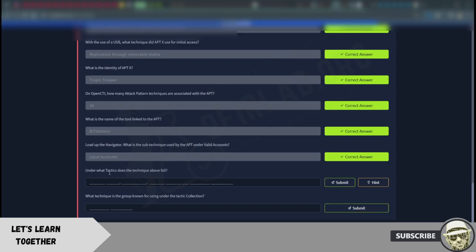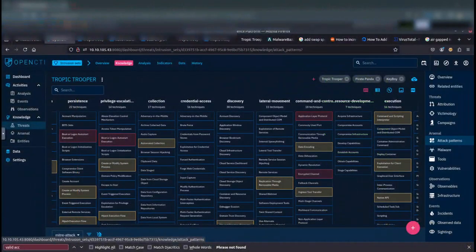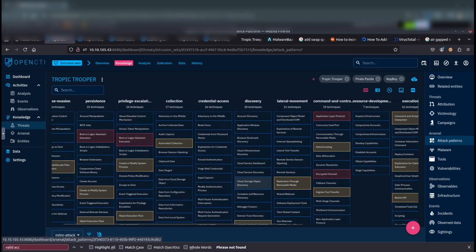Show under which tactics that technique belongs. Let me real quick switch to the log.